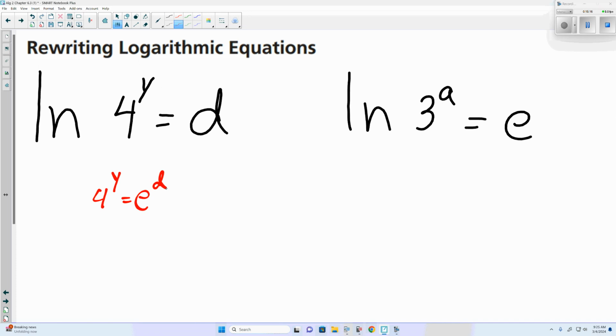Even though the number inside has an exponent, it doesn't change what we're doing. 3 to the a is equal to e to the e. It is weird looking, but that's how this goes. You're good. Questions on this here?